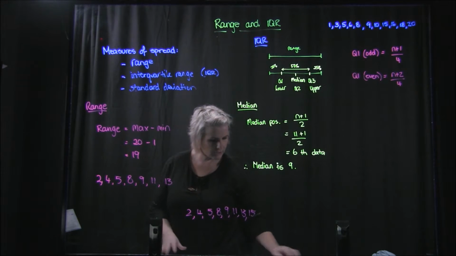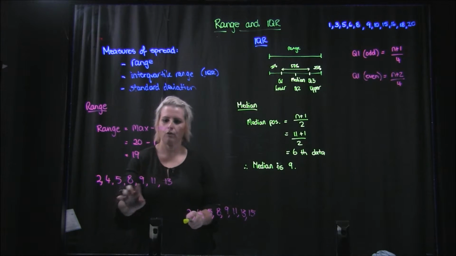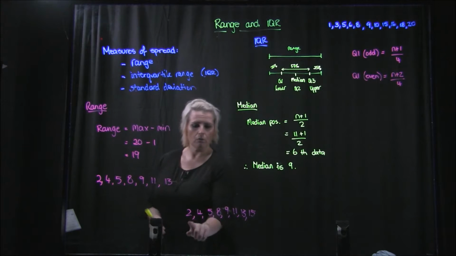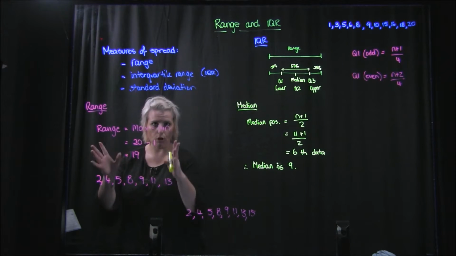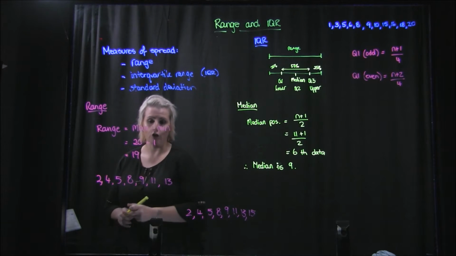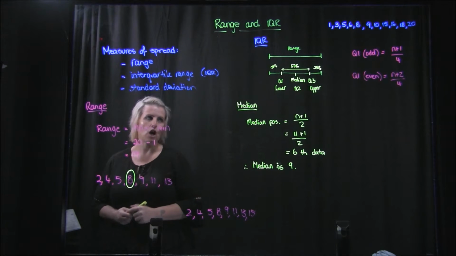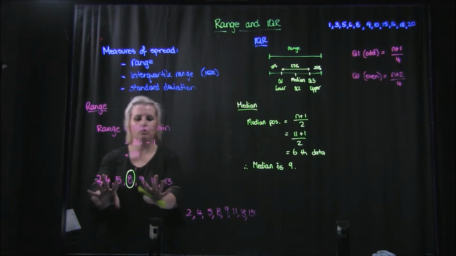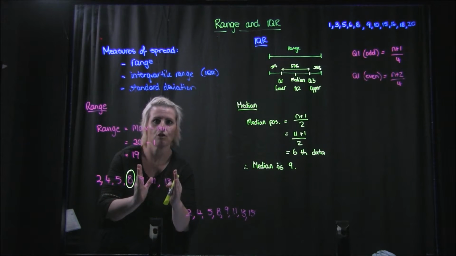Here are my two data sets. This one is 1, 2, 3, 4, 5, 6, 7, my odd. This one is 1, 2, 3, 4, 5, 6, 7, 8, my even. In an odd data set, just looking, we can go straight down. The median for an odd set is always going to be an actual data value. So when we work out our quartiles, we're working out the center of this half, not including the median, and the center of the other half for Q3, not including the median.